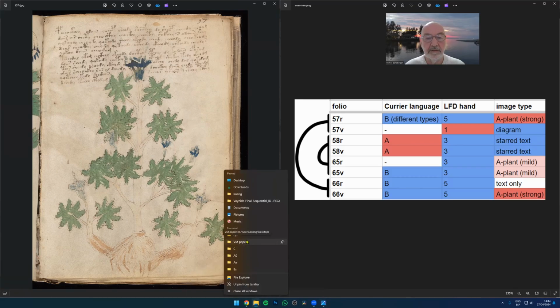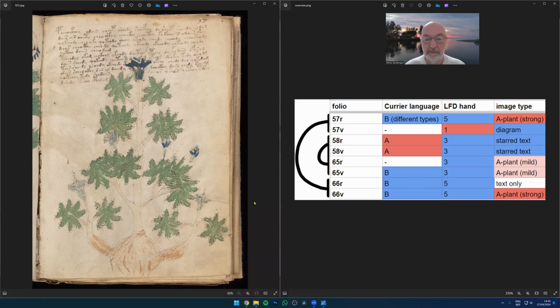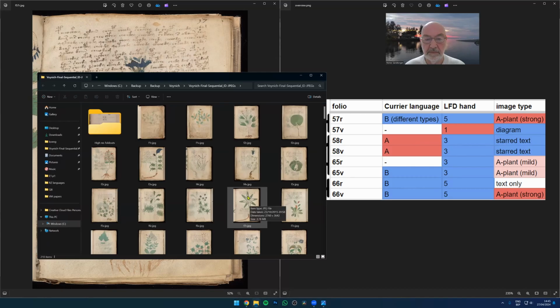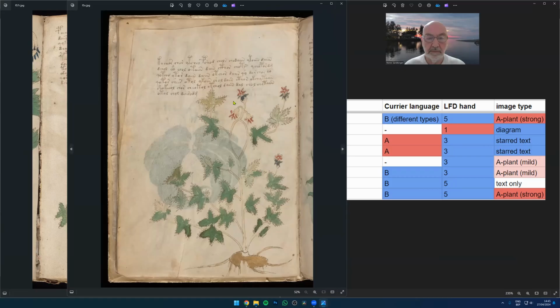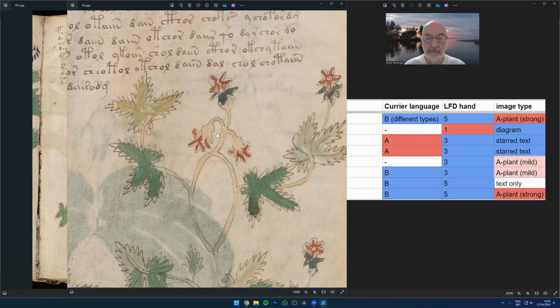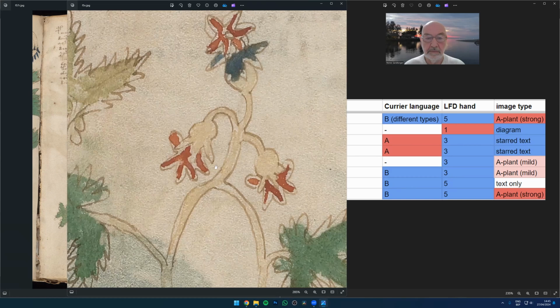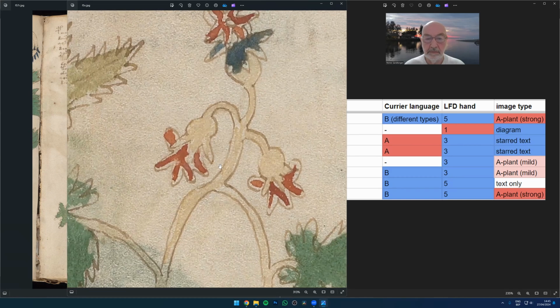Sometimes I do really feel like we're still early days in all of this research, because, for example, on the forum, I think you may have seen this post by Bernd, who said that what we call the A calyx, the typical A calyx, for example, here, is really what you would expect botanically from certain types of flowers. So there's a whole class of flowers, I don't know enough about botany to say something decent about that, that split into 5 petals.